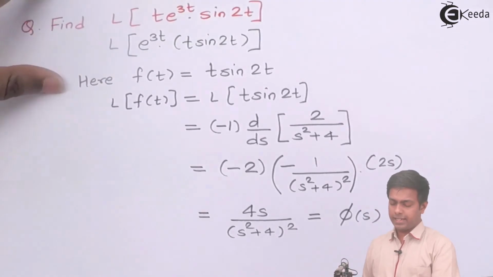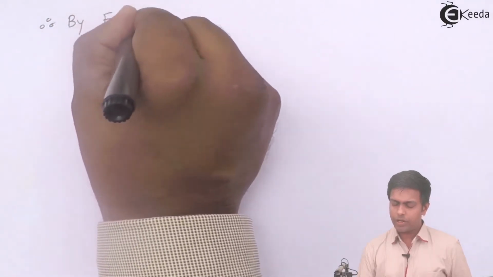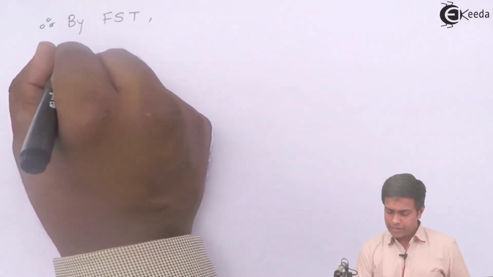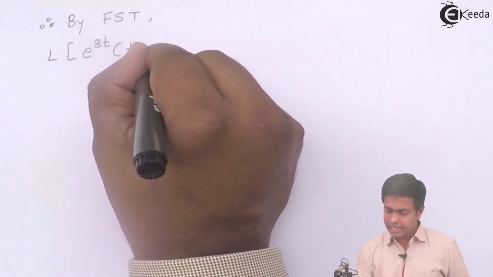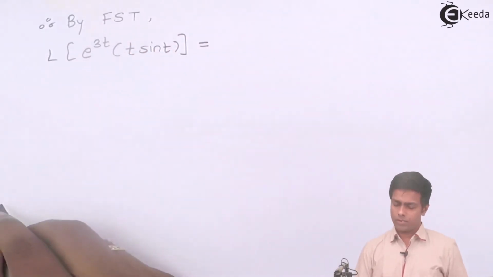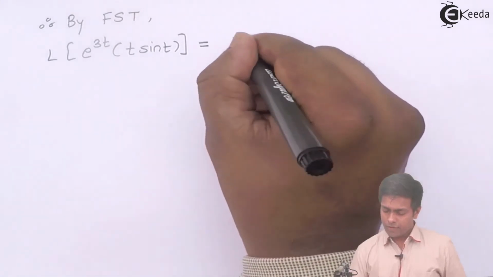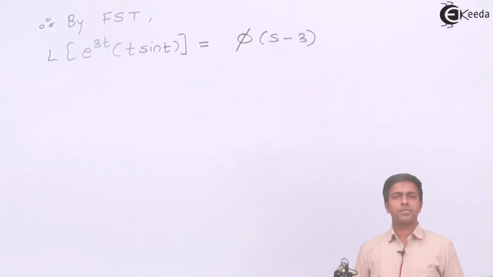Therefore, by the first shifting property or first shifting theorem, Laplace of e to the power 3t into t sin t is equal to phi of s minus 3.